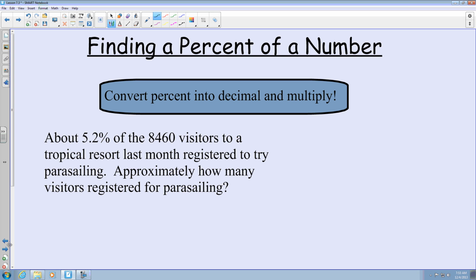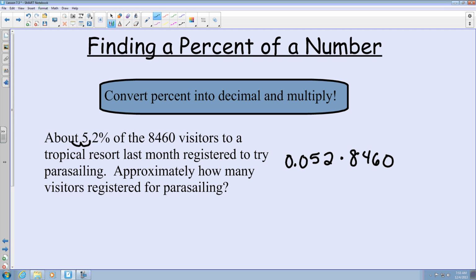So I find myself with 5.2%. 5.2% as a decimal, all I got to do is move this 2 units to the left. 1, 2, and then get rid of the percent sign. So this is going to be 0.052 as a decimal. And all I have to do is just multiply this by 8,460.